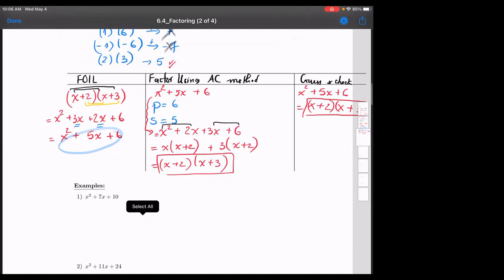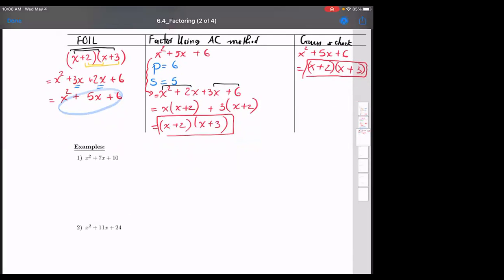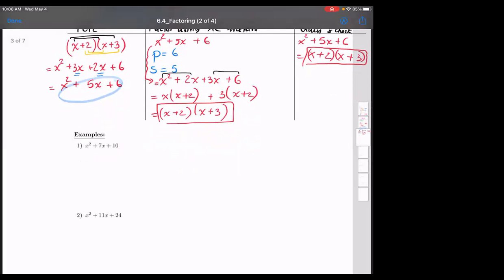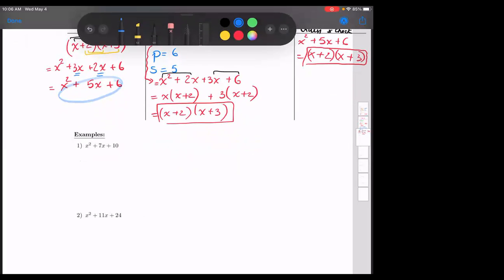I'll do the AC method just for now. One more time, and then next time I'll use guess and check. So the product is 10, the sum is 7. The only two numbers that give me product 10 and sum 7 are 5 and 2, right? So I'm going to break that 7x into 2x plus 5x, and then plus 10.